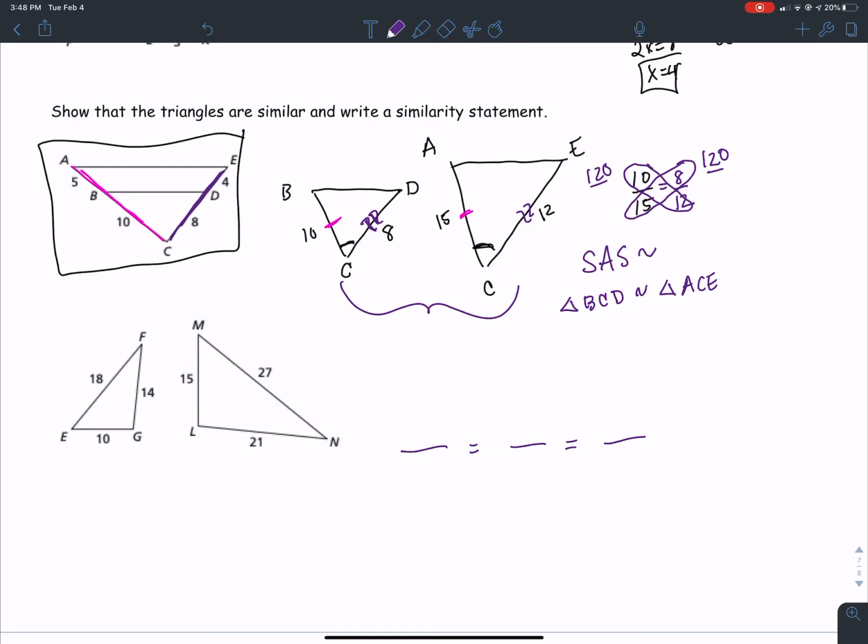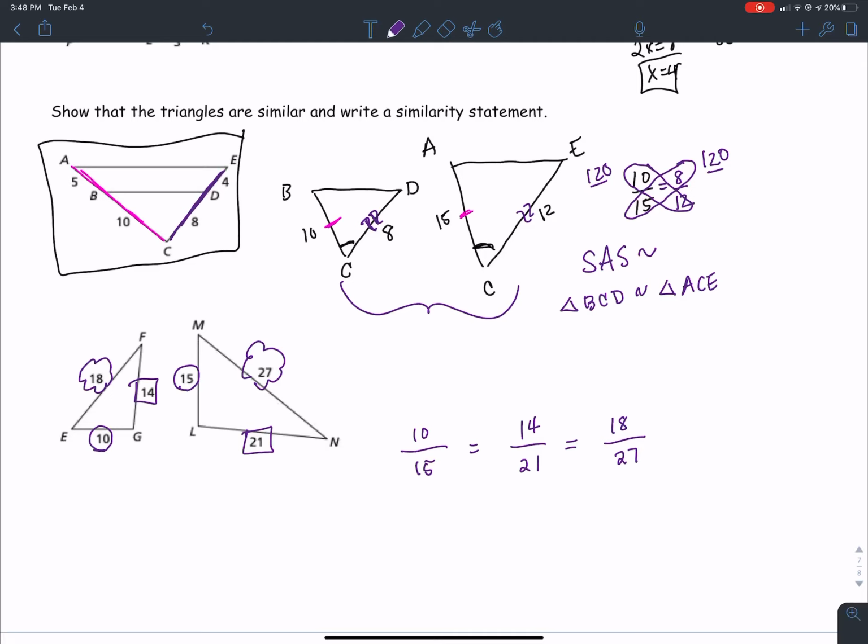So I start with my first triangle, and I circle the smallest number on this side, and then I circle the smallest number on this side, and they go on top of each other. And then I box the next smallest number, and they go on top of each other. And then I find the next two smallest numbers, and they go on top of each other.